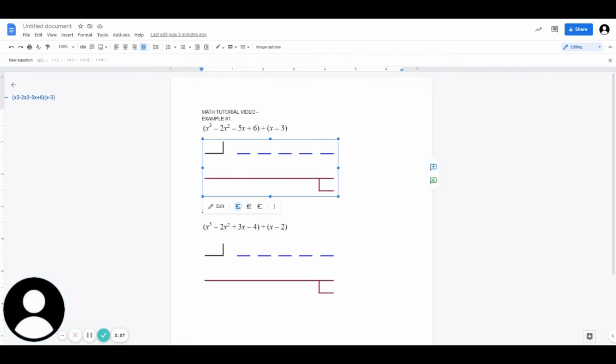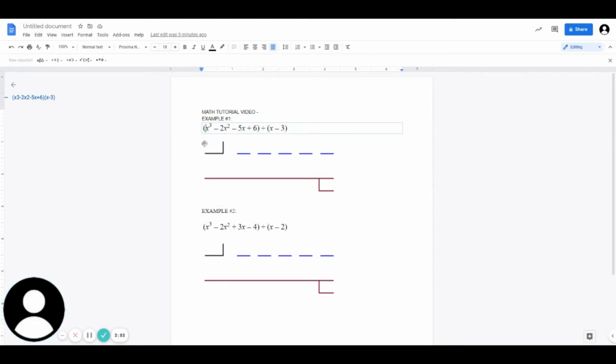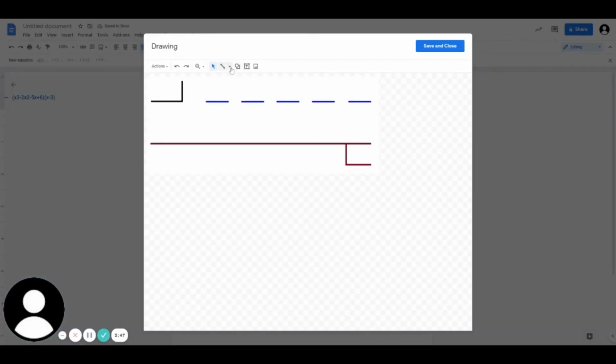So for my first case, it's simple. We'll get the number here. Here is a 1 that we can see, so we will pass the coefficients over here. We just put here 1, from the x cubed, then from the 2x squared we'll put the 2 here, then from the 5x we'll get the 5, and from the 6 you just get a 6.